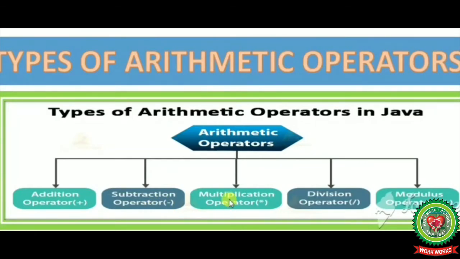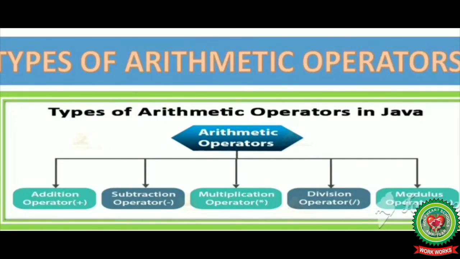Number 3 multiplication operator, means when we multiply two numbers like 3 multiplied by 4, that is 12. Number 4, division operator, that is used to divide two numbers. For example, if we divide 4 by 2, we get the quotient in the form of result.